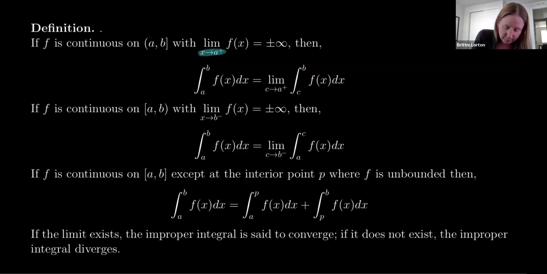If A is what's making my function go to infinitely large, then A is what has to change and turn into a limit. Okay, let me say that again. If B is what is making my function go to infinity, then B is what has to change and turn into a limit.